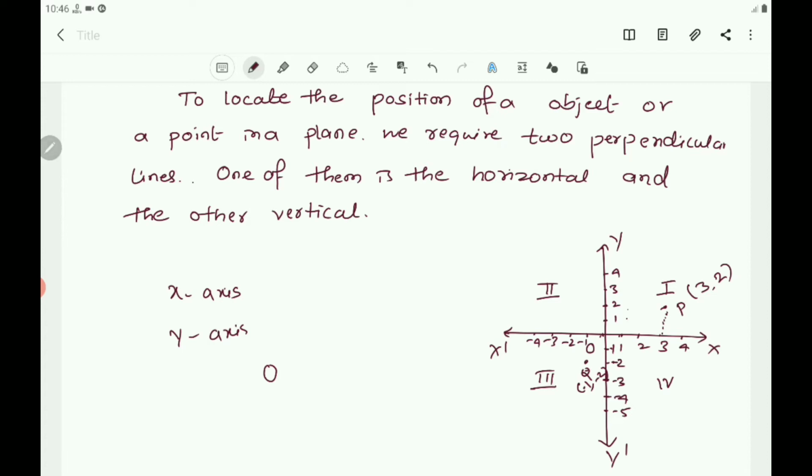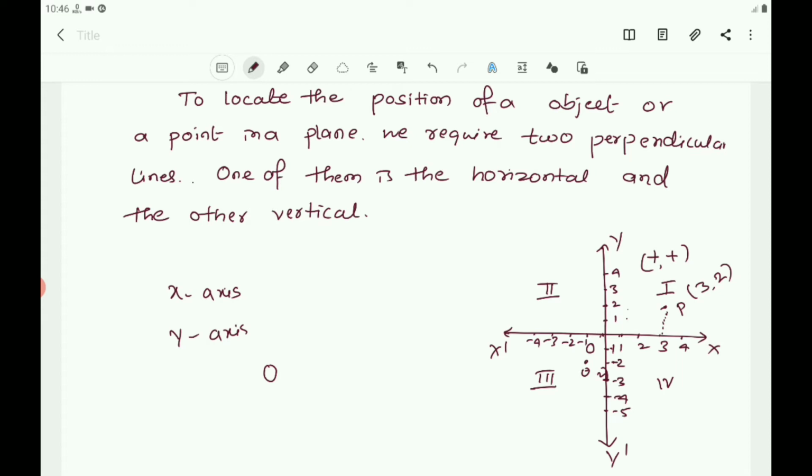One thing you can observe is that there are 4 quadrants. If a point is in the first quadrant, then the point will be in the form (plus, plus). Here both x and y coordinates are positive, since the first quadrant is enclosed by the positive x-axis and the positive y-axis.